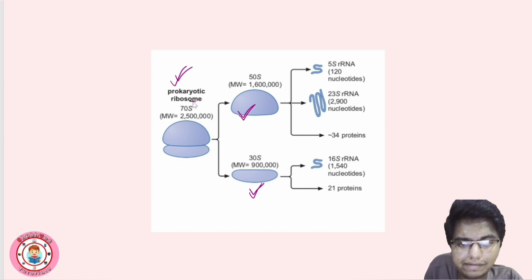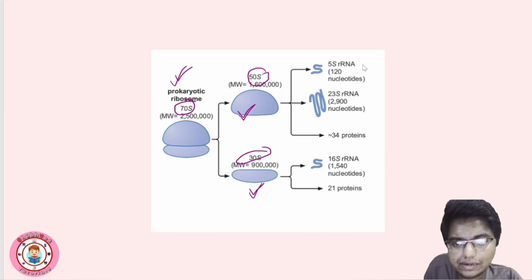Okay, 70S is in prokaryotes. Small subunit 30S, large subunit 50S. Then here is the 5S rRNA, then 23S rRNA, then proteins are also there. Okay, small subunit contains 16S rRNA, 21 proteins.